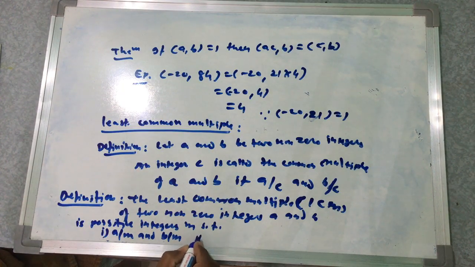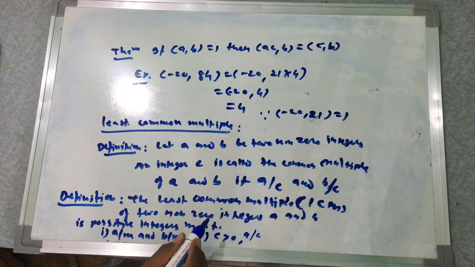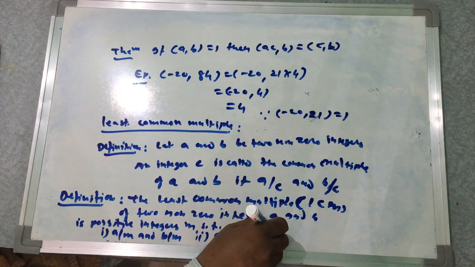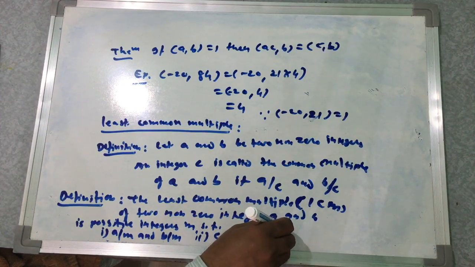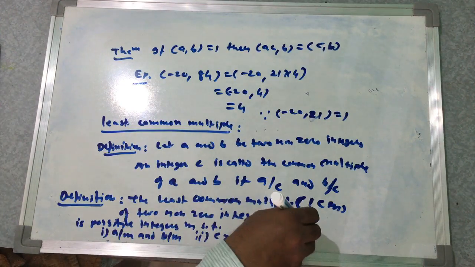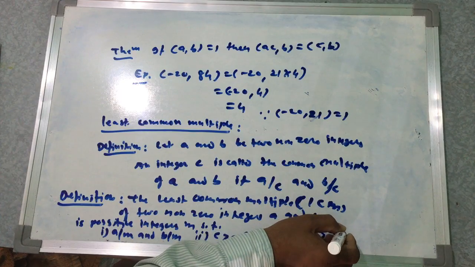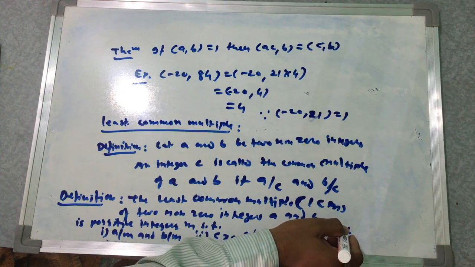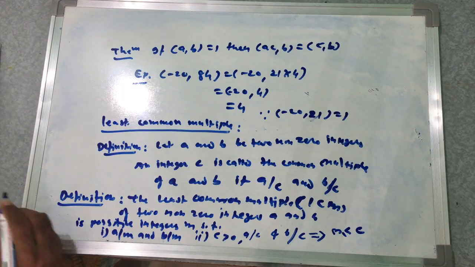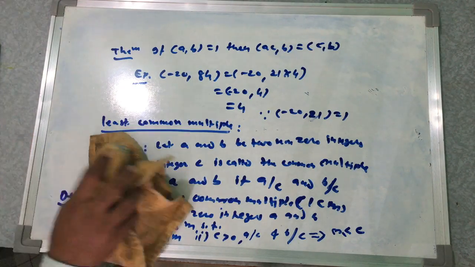And number 2, for c greater than 0, a divides c and b divides c implies that m is less than or equal to c. So we have to see the definition.